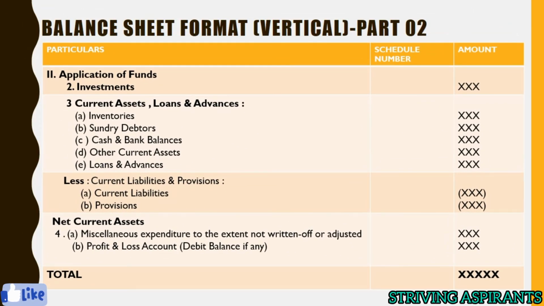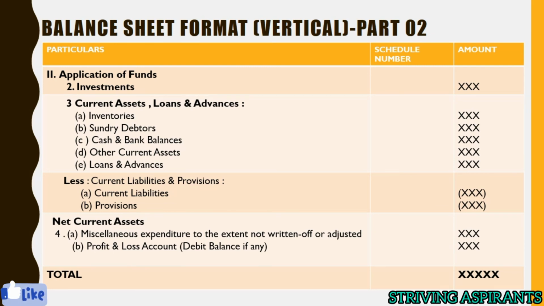Second head is investments, and third head is current assets, loans and advances, which include main items: inventories, sundry debtors, cash and bank balances, other current assets, loans and advances.